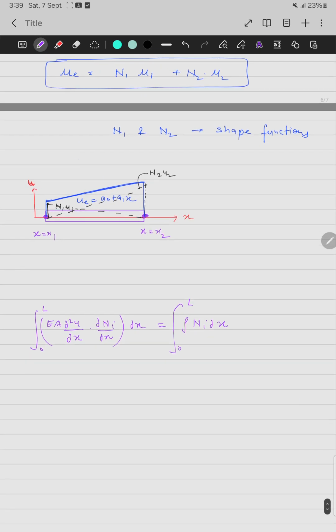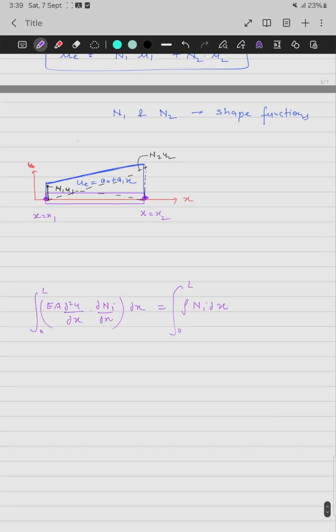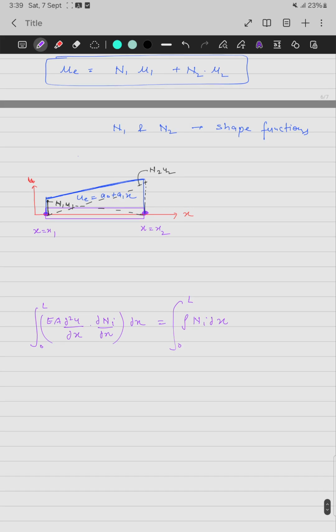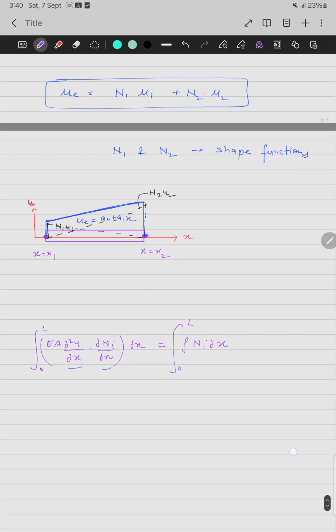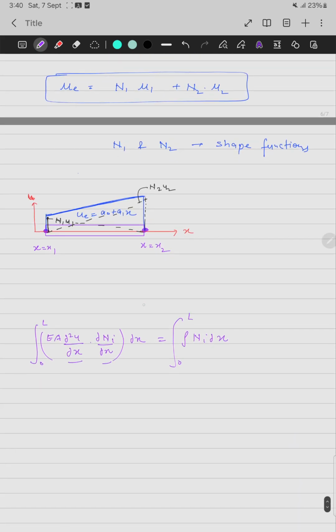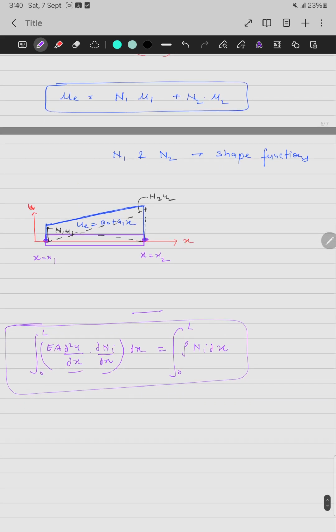Now we have to find the double derivative of u, and this ni we have to get and then put here. Then again we will see what will happen. Let's take it as it is, and we'll perform some basic things.